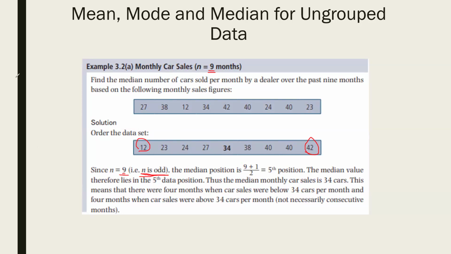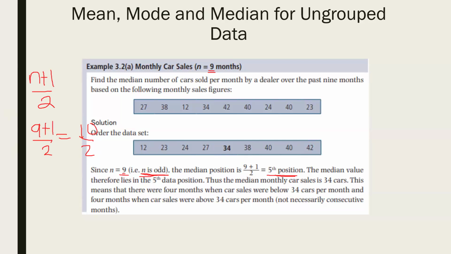When n is odd, that's where we use the formula n plus 1 over 2. In this case, it will be 9 plus 1 over 2, which gives 10 over 2, which gives us the fifth position. So the median is on the fifth position.